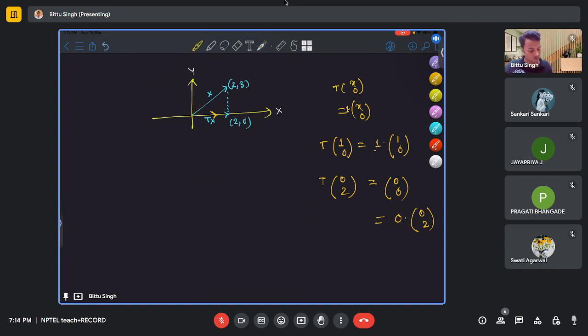So from here, the observation is that 1 and 0 are eigenvalues. Corresponding to 1, every vector of the form x comma 0 is an eigenvector, and corresponding to 0, every vector of the form 0 comma y is an eigenvector.